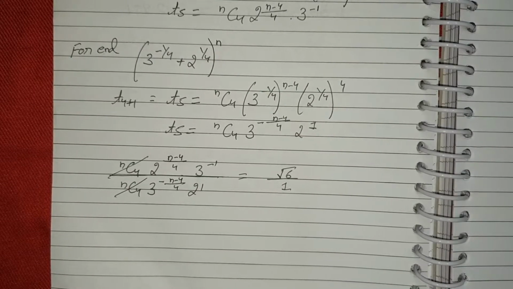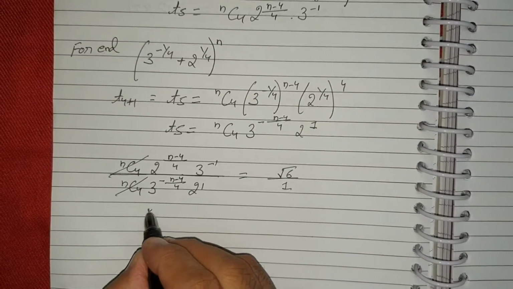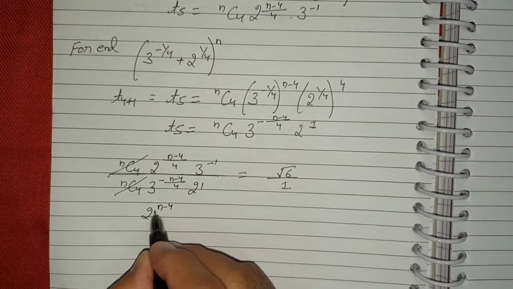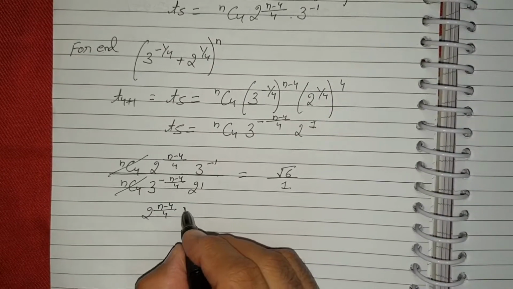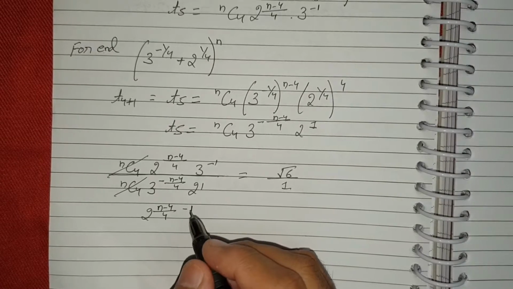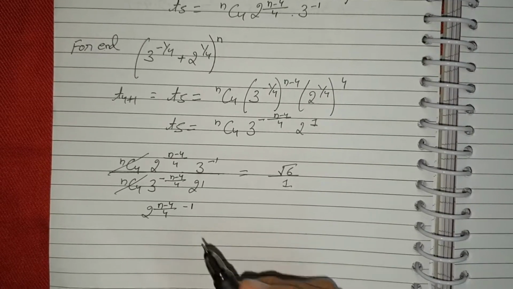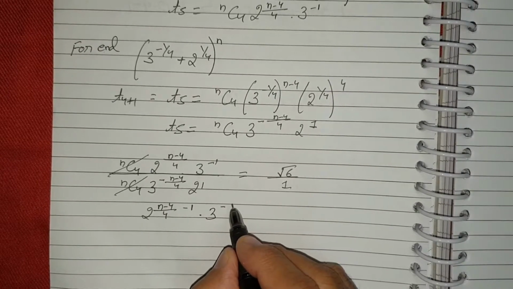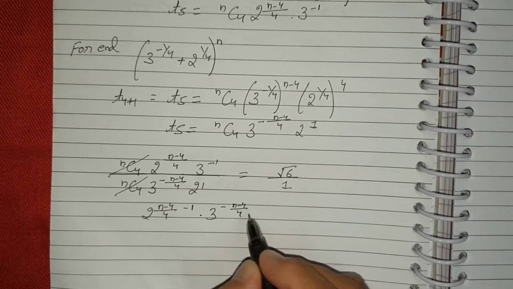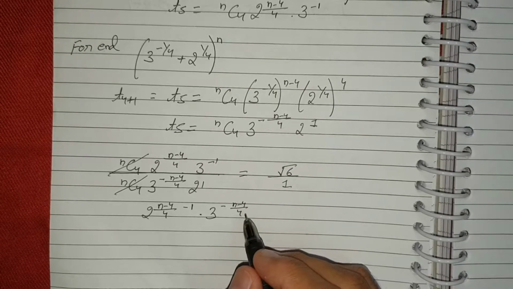So, what is left over here is 2 to the power (n minus 4)/4 and this is 2 to the power 1, so this will be minus 1, into 3 to the power minus (n minus 4)/4 and this is already minus 1.